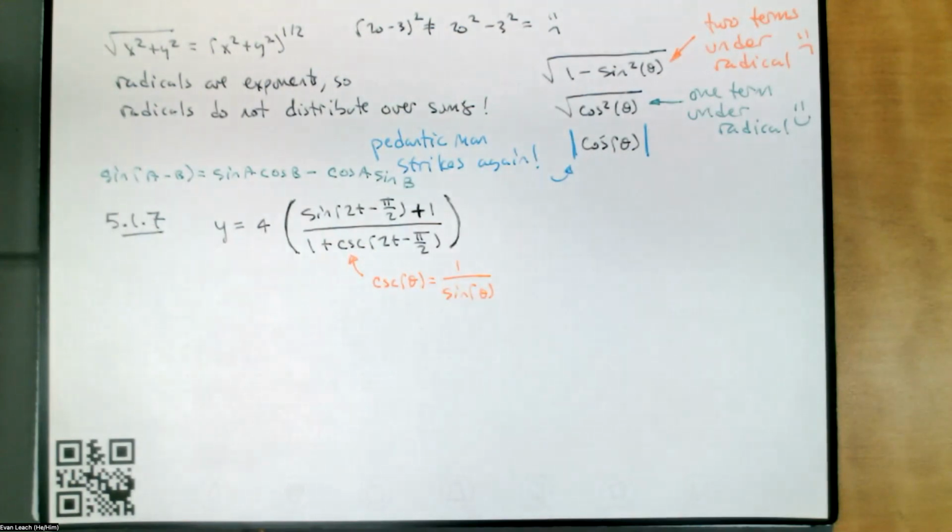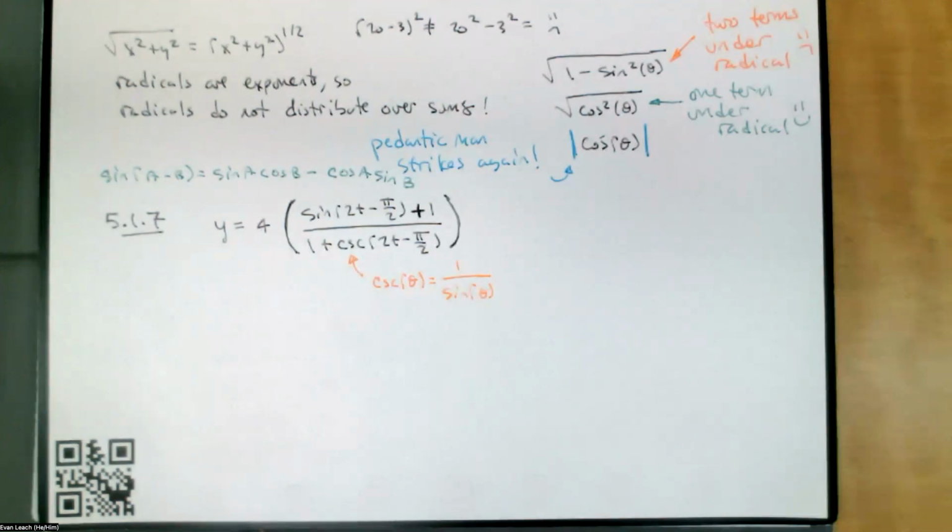It's sine of a difference, so I can use a difference identity for sine. Sine of A minus B is sine A cosine B minus cosine A sine B. In this case, A would be the 2t, and B would be the pi over 2.